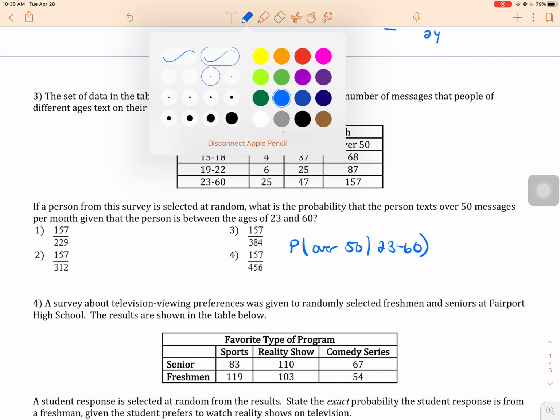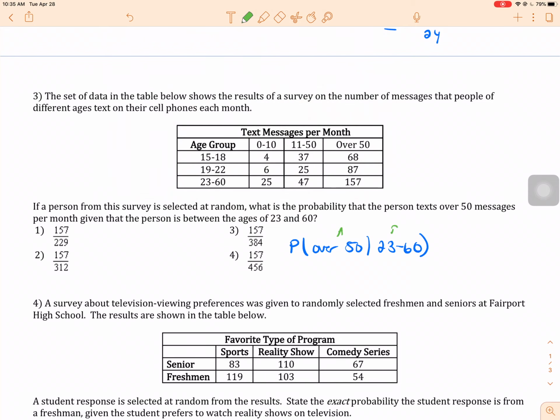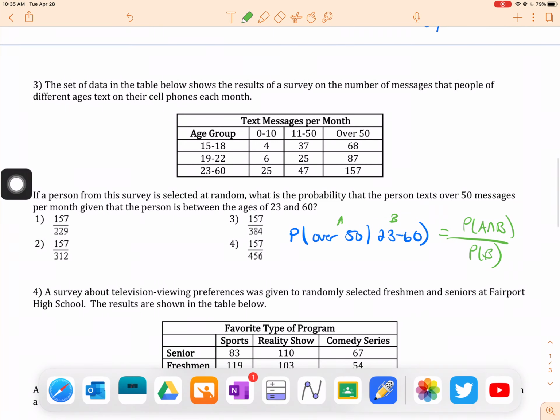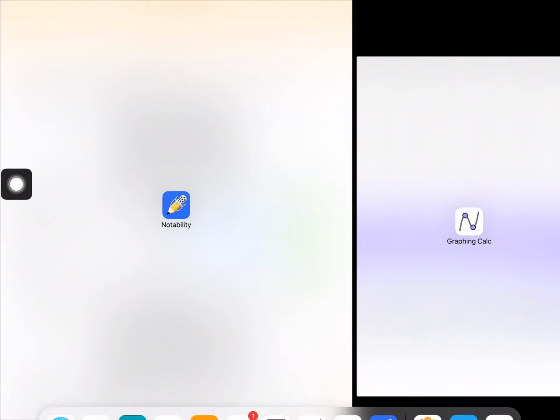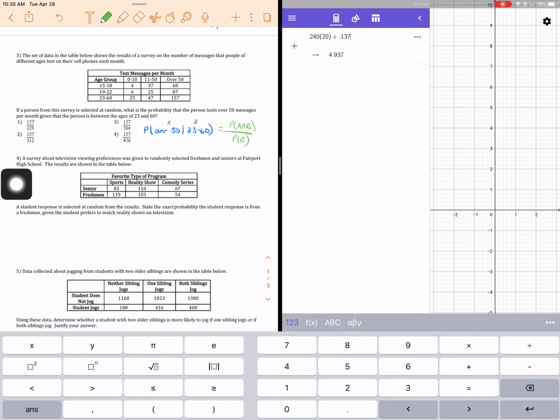And again, if you put A, B, and we write the probability of A and B over B, well, how many people are 23 to 60 here? We got to add this row right here on the bottom. Let me get on my little calculator here. It's going to be 25 plus 47 plus 157.